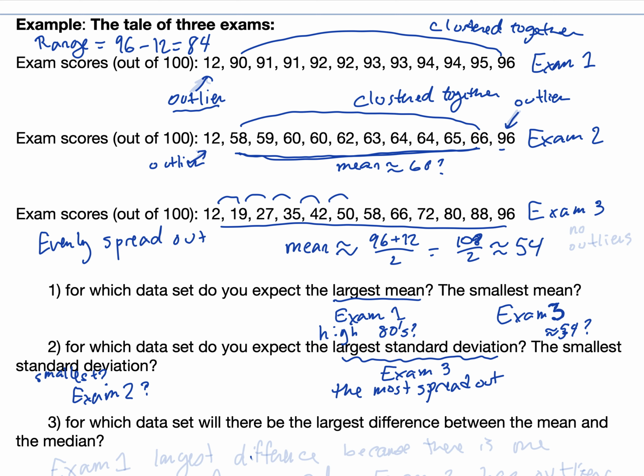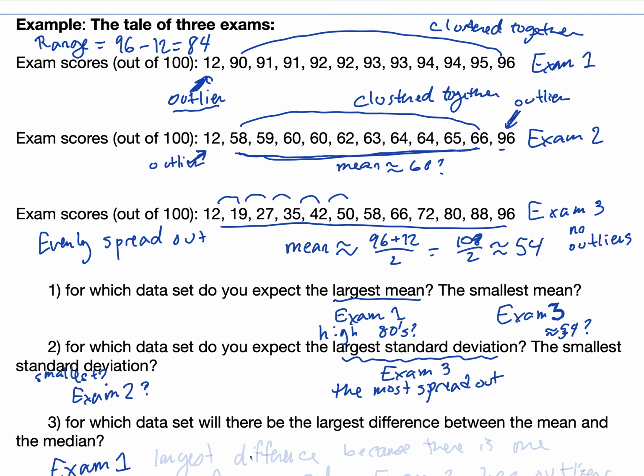Finally, for which data set will there be the largest difference between the mean and the median? Let's see. We see that in exam 1 there's an extreme outlier on the lower end. In exam 2 there are outliers upper and lower, so those two outliers might cancel each other out. Whereas with exam 3, there's really no outliers because everything's evenly spaced.